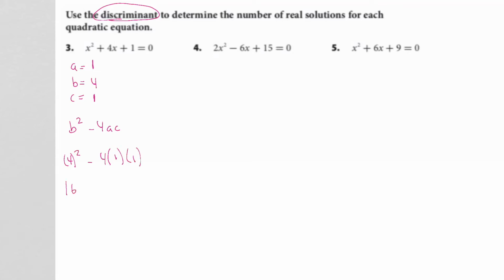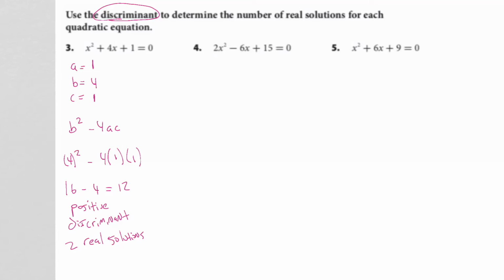So this is in essence 16 minus 4, which is 12. The discriminant is positive, which means 2 real solutions.